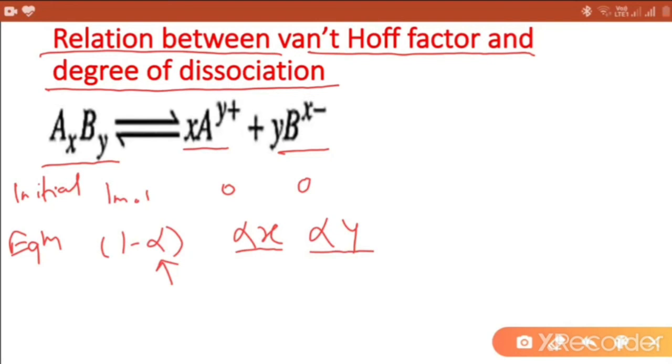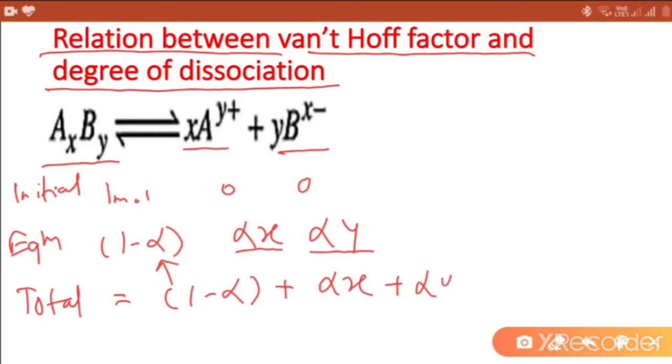So the total moles after dissociation are equal to 1 minus alpha plus alpha x plus alpha y, which is equal to 1 plus alpha into x plus y minus 1. This equation is obtained by removing common terms from this equation.